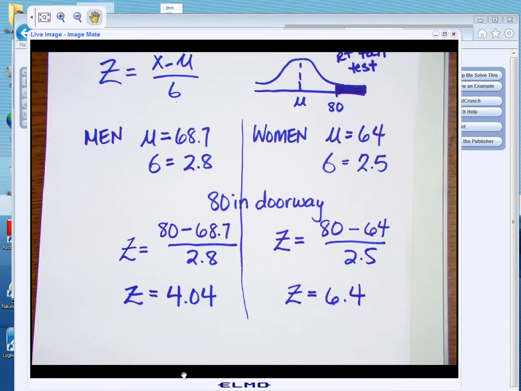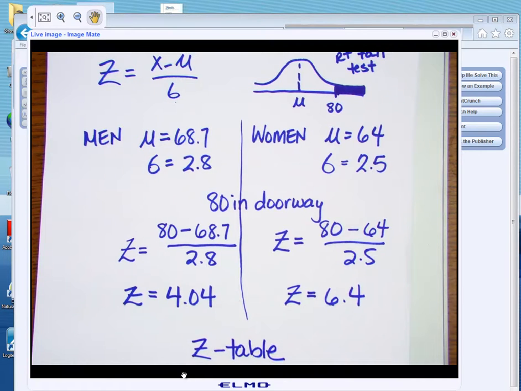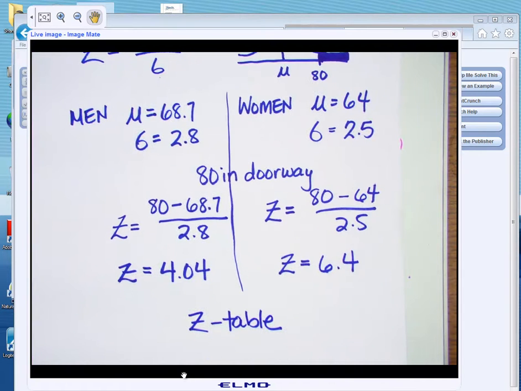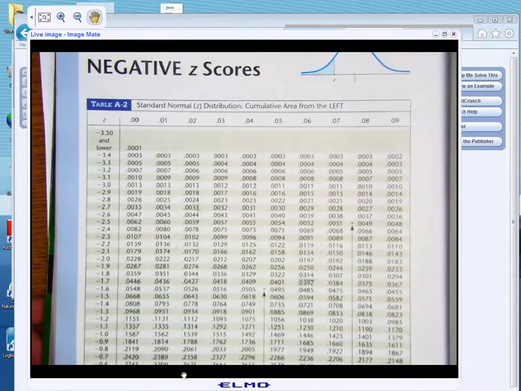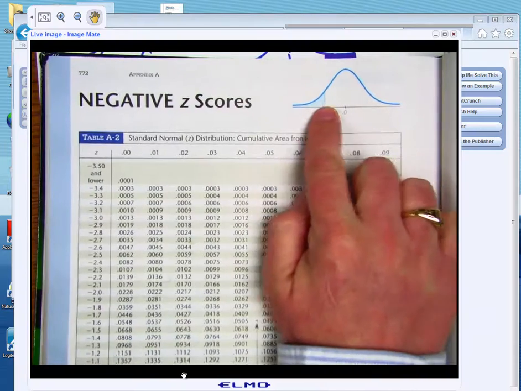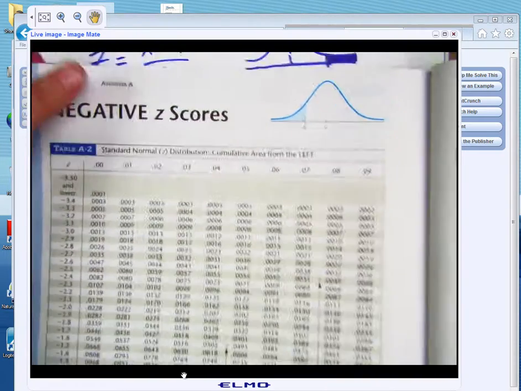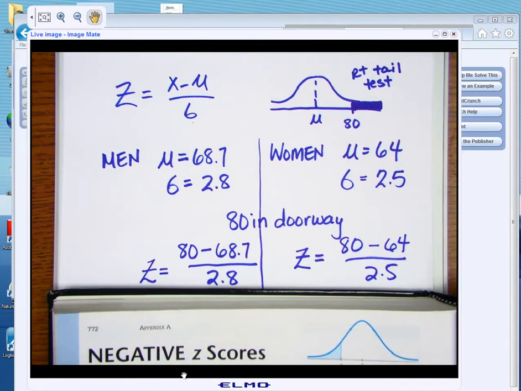Now these are my z values. These are not percentages or probabilities. So I've got to go to my z table to figure out what is the corresponding value. Now remember, when I go to my z table, table A2 in the back of your book, the z table always gives you the left area. In other words, looking back up here at my graph, if I look up those values in my z table, they aren't going to give me the area to the right.